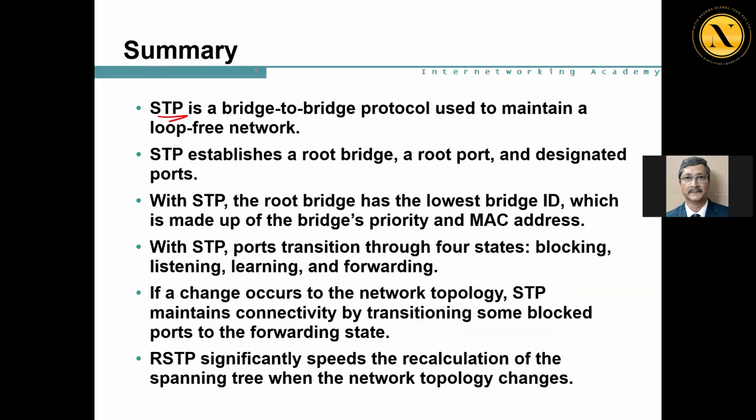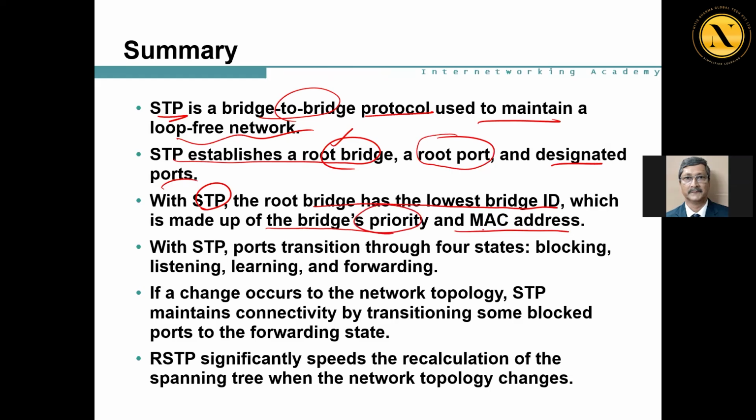STP, okay, so we are done with STP, right? It is a bridge-to-bridge protocol used to maintain a loop-free network. We'll finish here. STP establishes a root bridge, and all others become non-root bridges. On every non-root bridge, there's only one root port. And on the root bridge, all the ports are designated ports, right? So on and so forth. With STP, the root bridge has the lowest bridge ID, which is made up of the bridge's priority and MAC address.